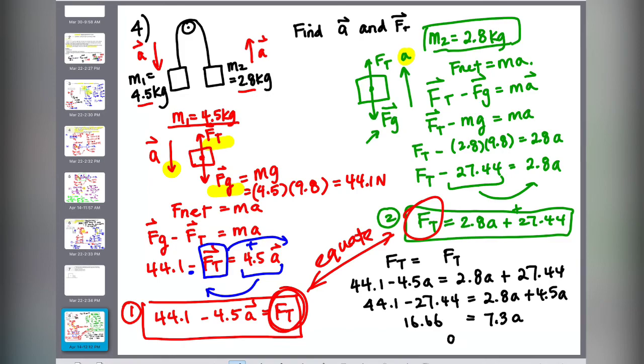Solve for your A. So I found A to be 2.3 meters per second squared. I'm not going to finish the question, but to find out what Ft is, you take your A and plug it back into one of the equations and then solve for your Ft. And that's why I got Ft to be 34.